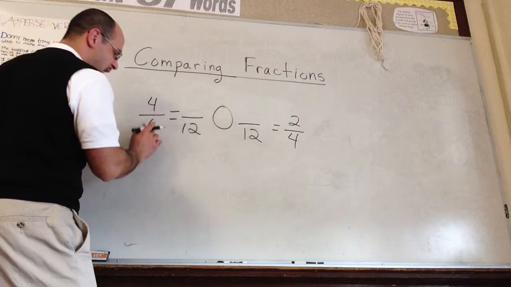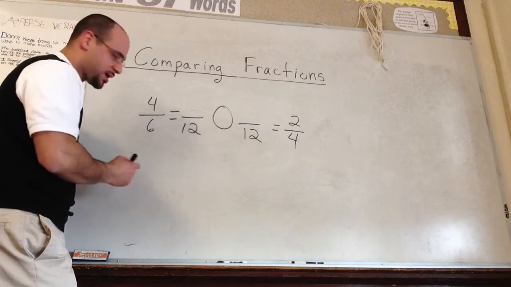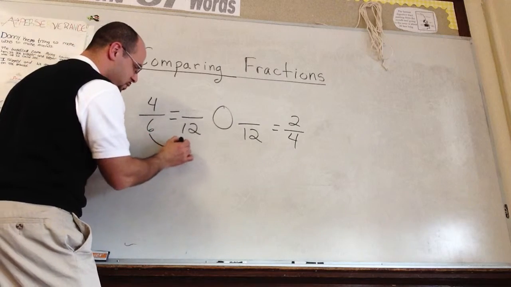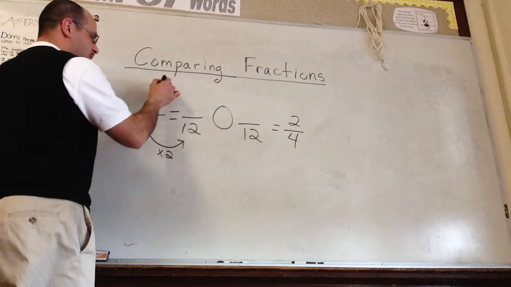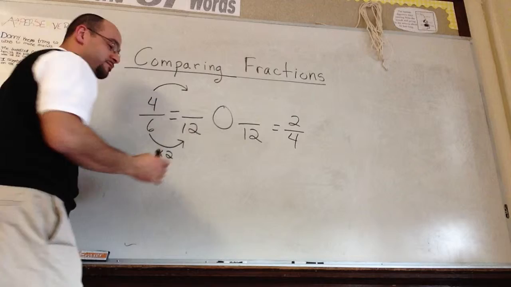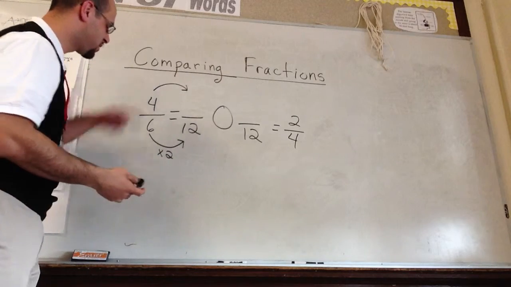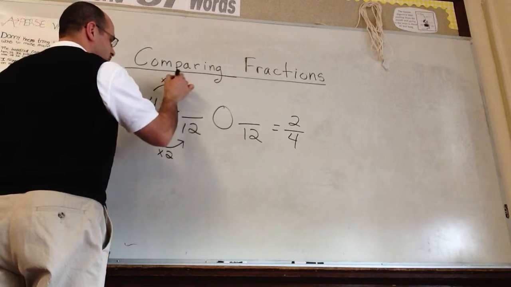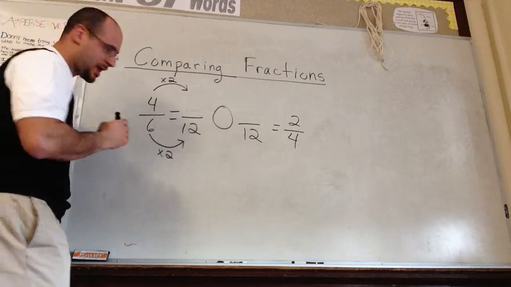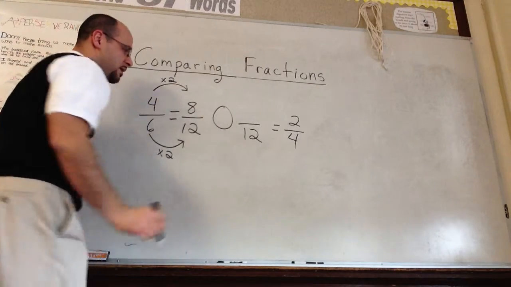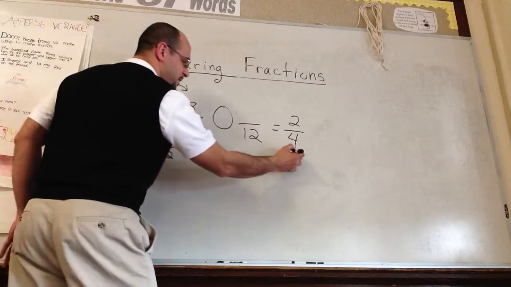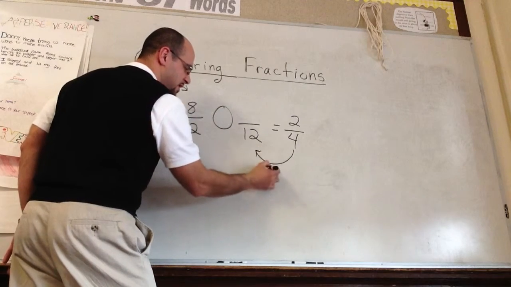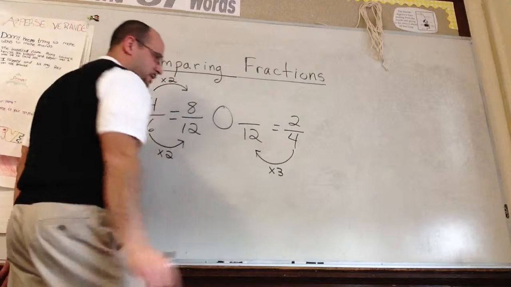So now we have to see, how did we get there? From 6 to 12, we did times 2. From 4 to, we don't know, we have to do times 2 again. So it would be 8. Nice. Now we have to do the same thing here. From 4 to 12, we did times 3.